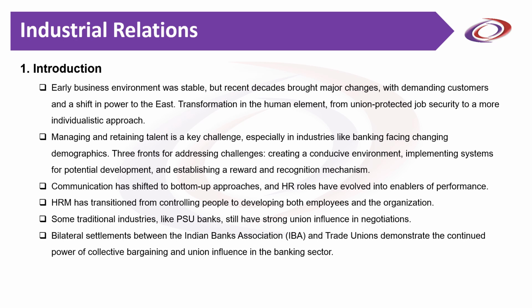So this chapter is about industrial relations. If we talk about the history of business environment, it was mostly stable. The customers were passive, the demand patterns were on a continuous basis, the technology was just adequate, no major demands were there on the business. But now there's a shift, the demanding customers, there's a shift in the power to the east.